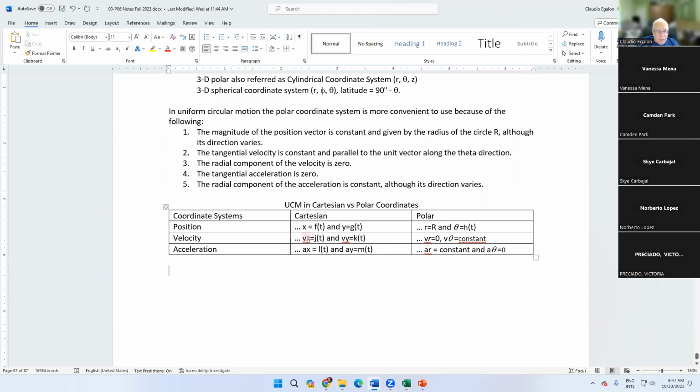Now I can make those things look nicer. Don't forget the subscript. That's notation wise.